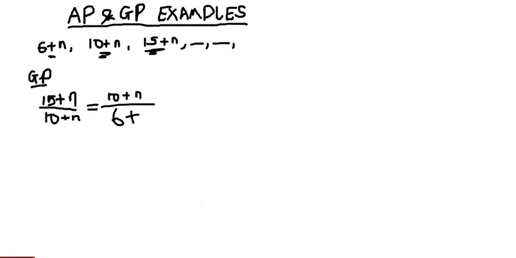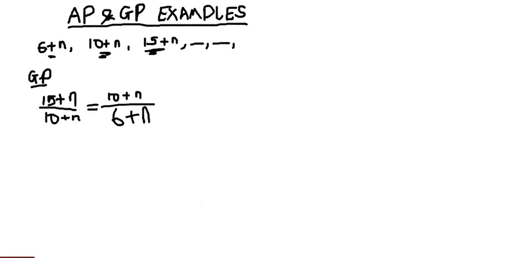So this should give us the common ratio R. 15 plus n over 10 plus n is equal to R, just like 10 plus n over 6 plus n, it's also R because it's a common ratio.